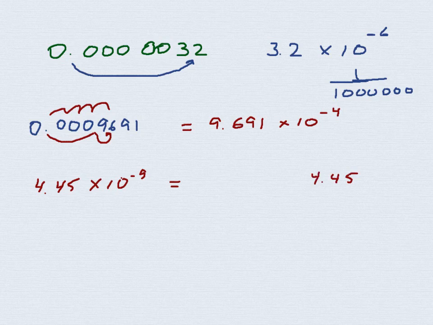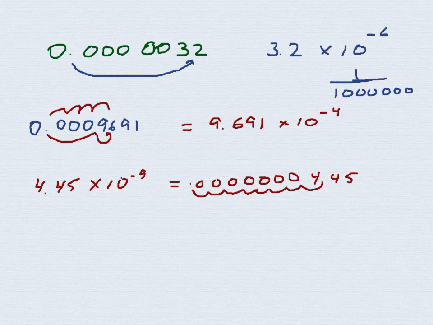Now, 10 to the negative 9 means you need to divide your number by 9 factors of 10. That means 1, and then 2, 3, 4, 5, 6, 7, 8 more, or 8 zeros to hold the place after your decimal.